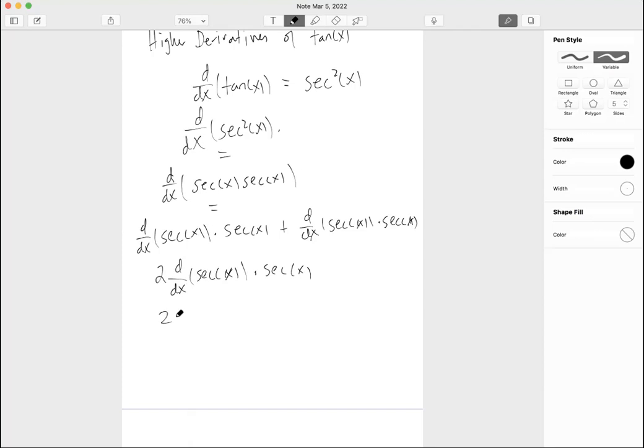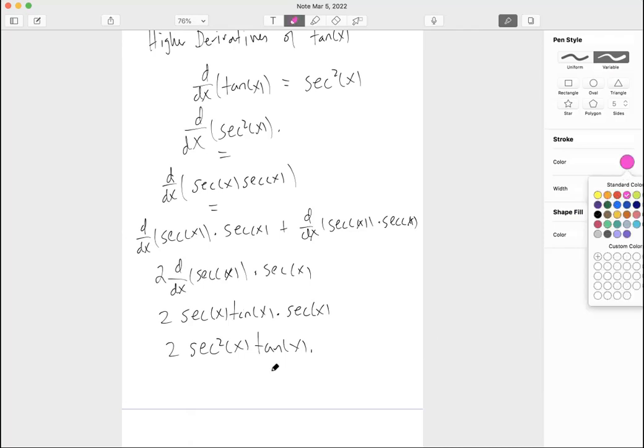Okay, so what is this? This is 2 secant tangent times secant, or 2 secant squared times tangent. So already you can see we're getting kind of far away from where we started at tangent. Like it's still there, but a couple of things: this is the derivative, right?